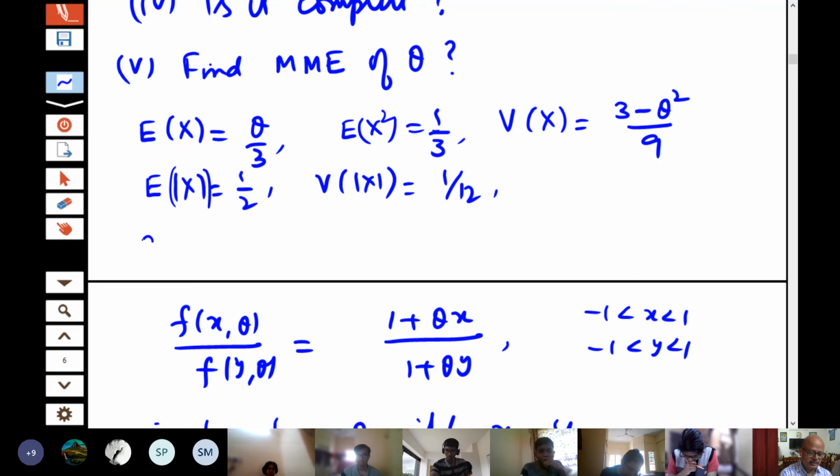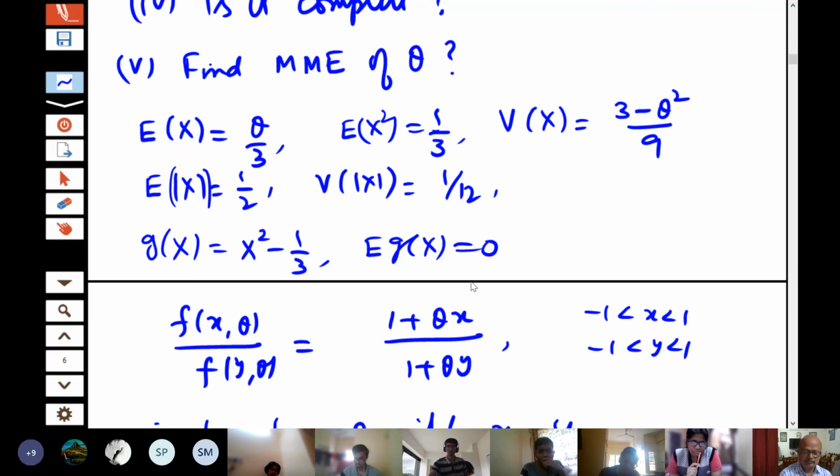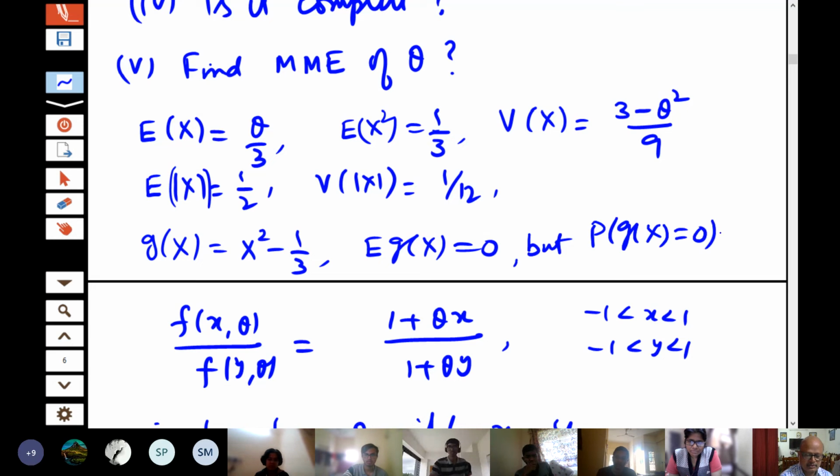If I choose, say, gx to be x square minus 1 by 3, then expectation of gx is equal to 0, isn't it? But gx is not 0 because x square is not necessarily equal to 1 by 3. X lies between -1 and 1. But probability of gx equal to 0 is not 1.